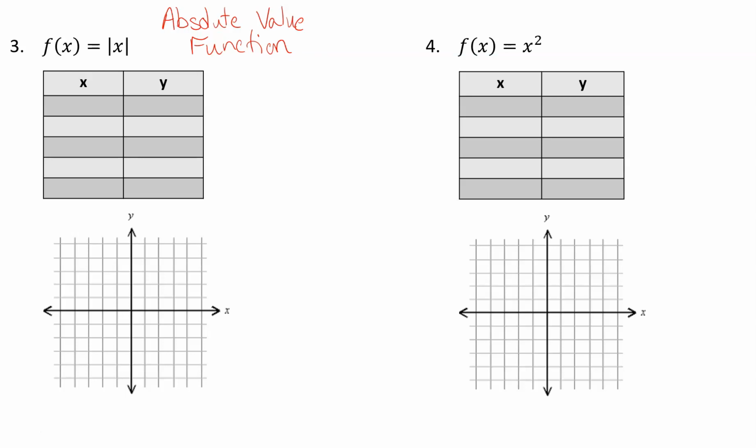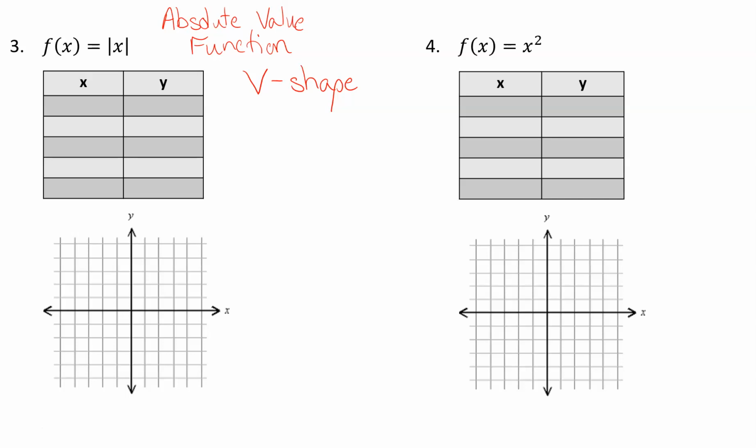So the shape of an absolute value function is just something you're going to want to memorize. It is a V shape, okay? V shape. So anytime you're graphing and you have the absolute value bars in there, we just need to know, okay, this graph is going to have a V shape.